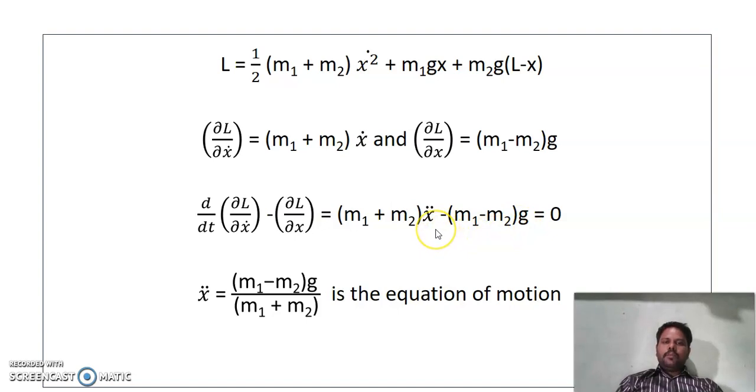Then ẍ on simplification reduces to m1 minus m2 into g divided by m1 plus m2, which is the required equation of motion for upward motion.